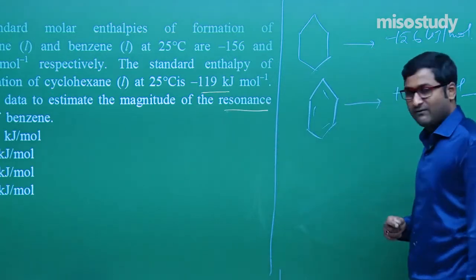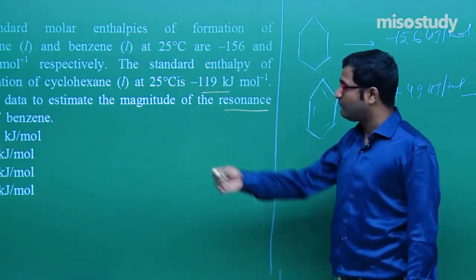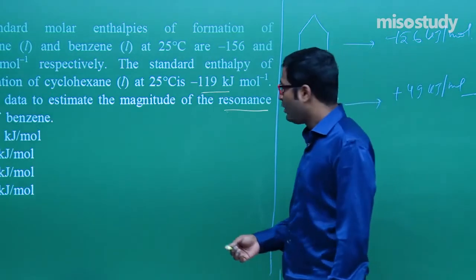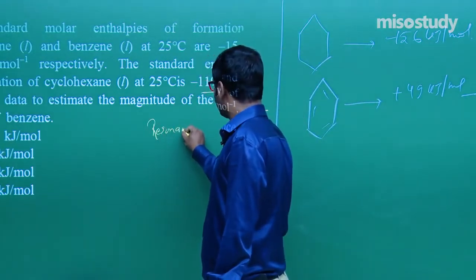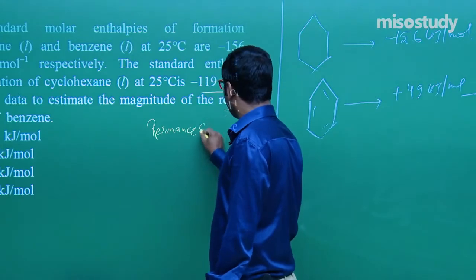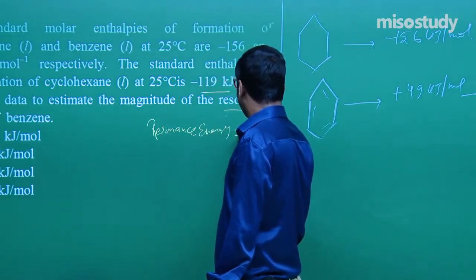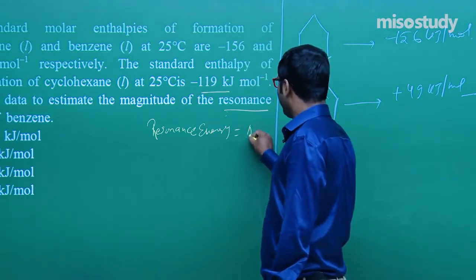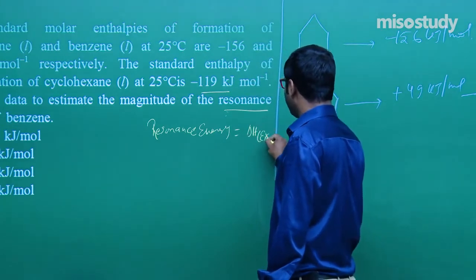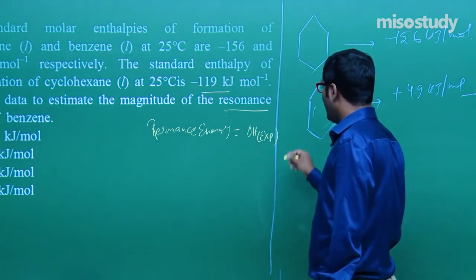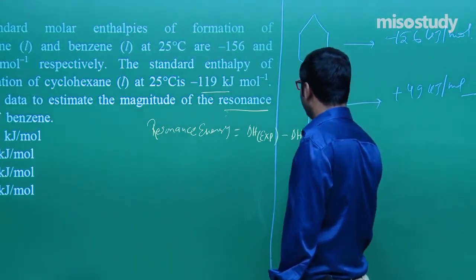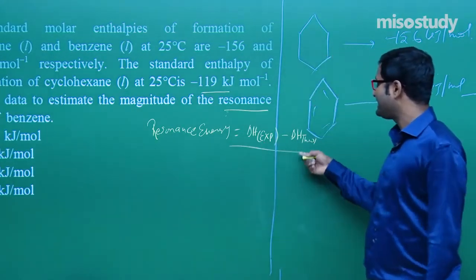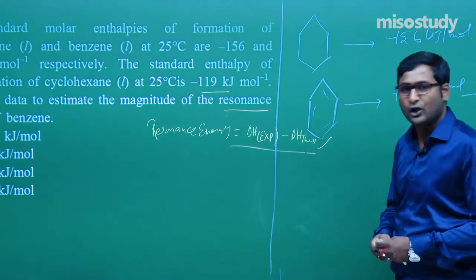What is the formula? First of all, tell me what is the formula of resonance energy of benzene? We know resonance energy is equal to delta H experimental value minus delta H theoretical value.